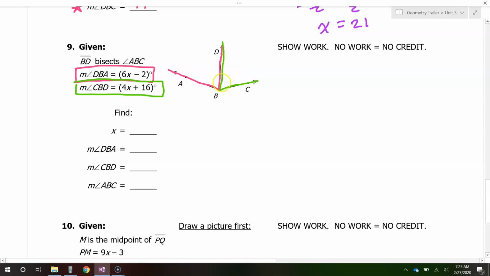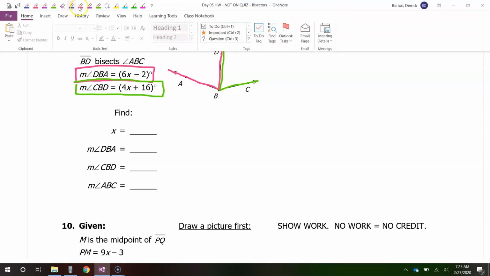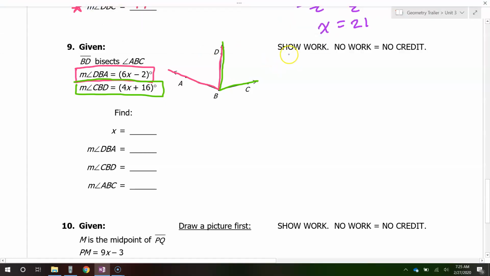Now, these two should be equal. They're both halves. So this is a situation where we think to ourselves, half equals a half. That's why we're going to set these equal to each other. So we will have 6x minus 2 is equal to 4x plus 16.